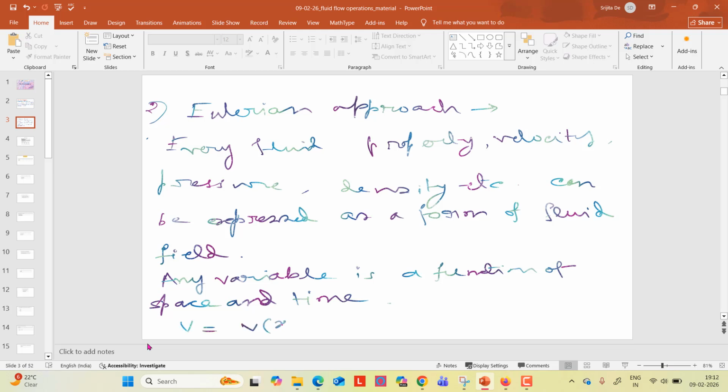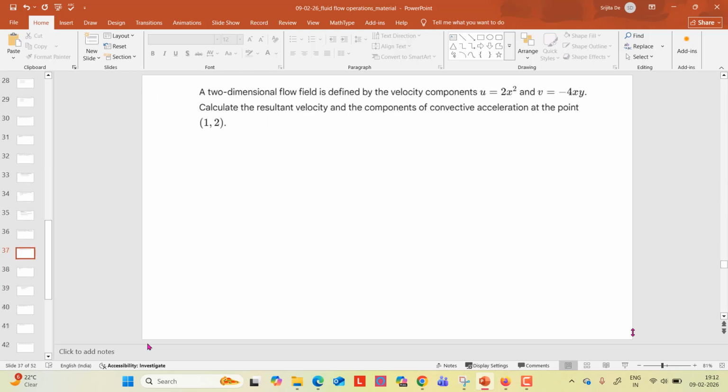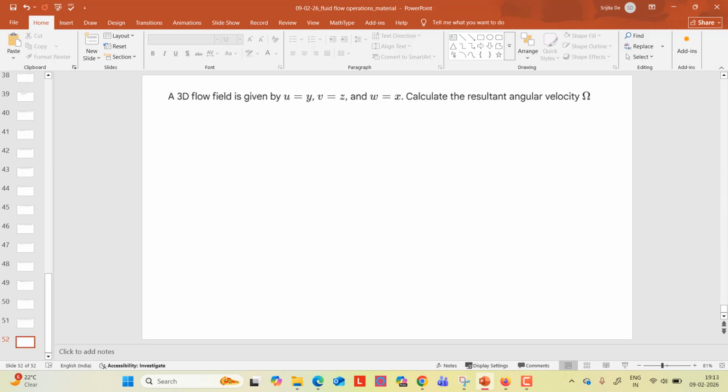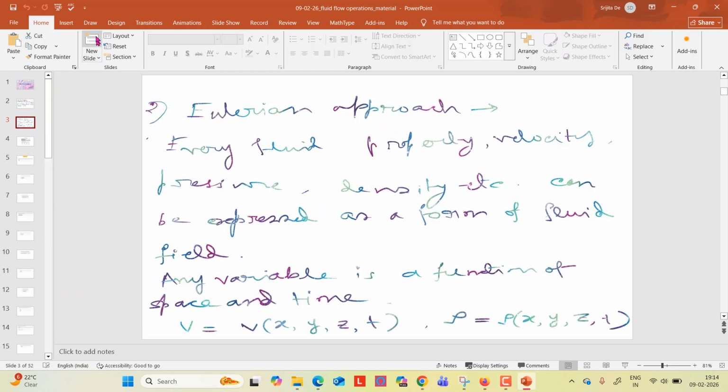Velocity is a function of space and time. Then comes your density. Density is also a function of space and time. So this is called the velocity field, the fluid field. So every property of the fluid can be expressed in the form of a fluid field. But in Lagrangian, every property is like a particle.